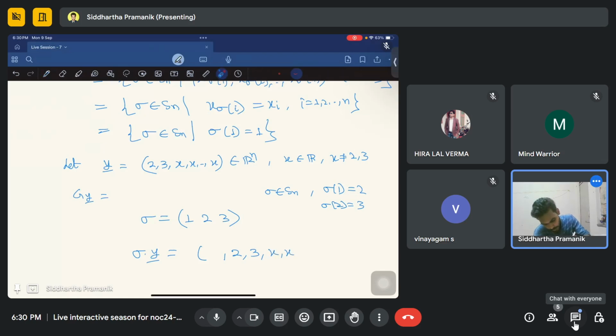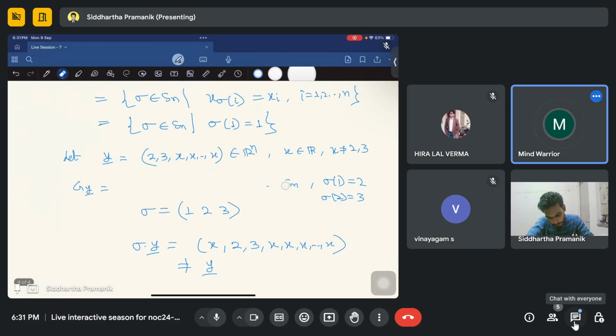And also, sorry, the third coordinate goes to the first coordinate, so you have x here, but this is not our element y bar. So sigma is not fixing y, right? So sigma cannot belong to the stabilizer. So are you getting the point?